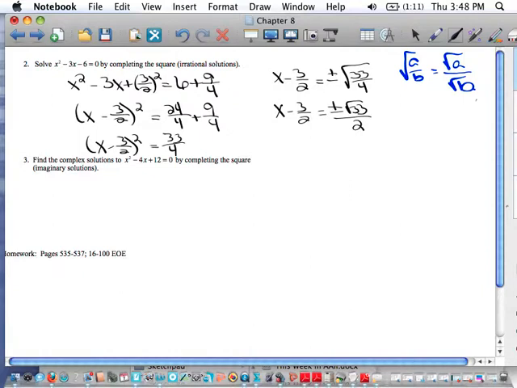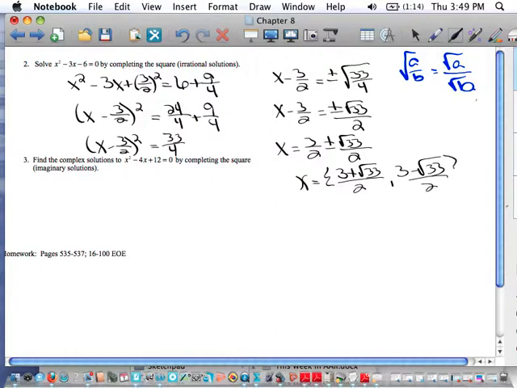Add the 3/2 to both sides, so x is equal to 3/2 plus or minus the square root of 33 over 2. So your solution set, x is equal to 3 plus root 33 over 2 and 3 minus root 33 over 2.